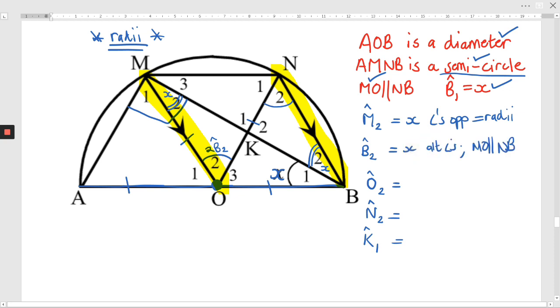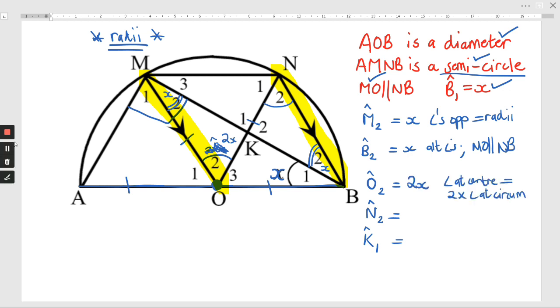Now they want O2. I put something by O2. I said it was 2 of B2, but B2 is now X. So I'm going to scratch that out, and I'm just going to say 2X. What was the reason again? It was angle at center. N2 I marked as a single bar, which is the same as O2. Alright, that'll work.